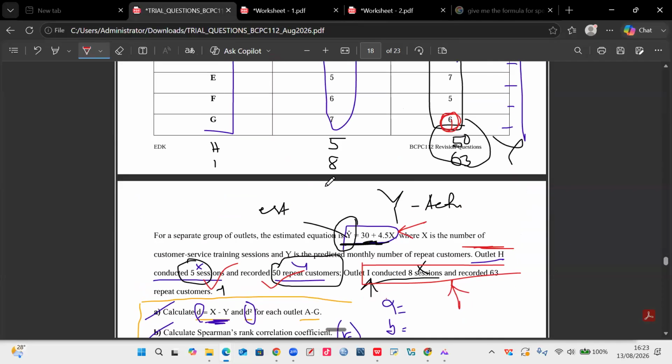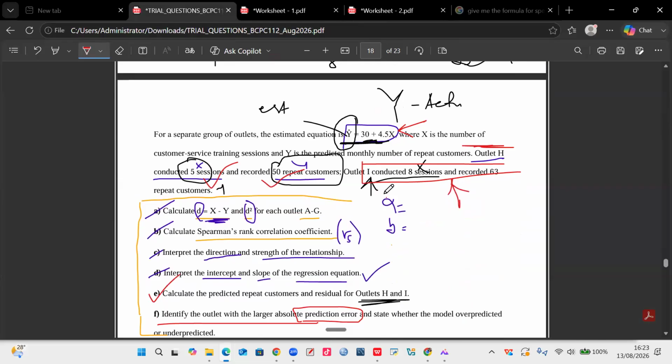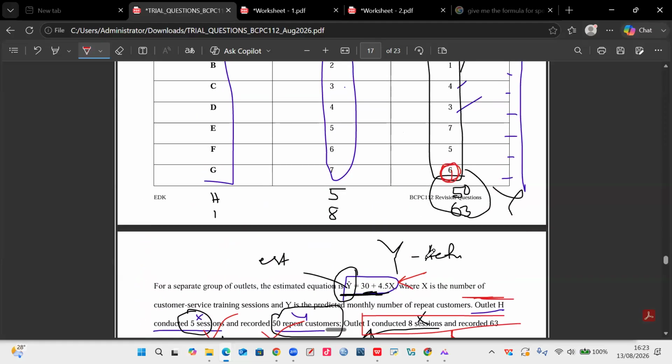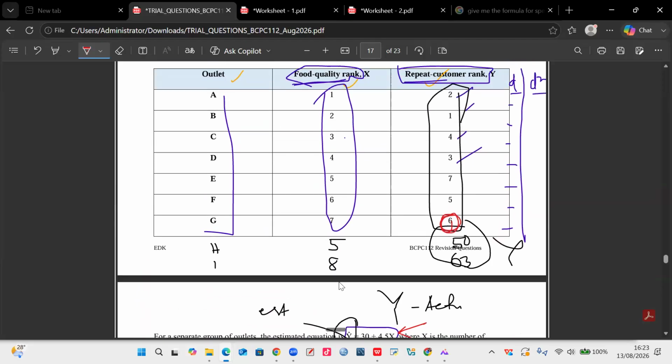Yes, I know why you want to use H and I. Because H and I are really far from the range they gave us. They are outside the range. Actually, 5 is not outside the range, it's in, but 8 is not.